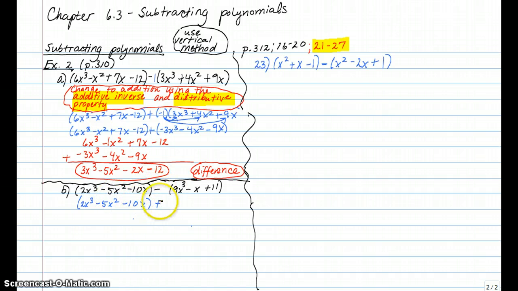You change subtraction to addition. There is a number here, it's 1. You change it to its opposite of negative 1. 9x cubed minus x plus 11. Now you're going to distribute the negative 1 to the 9x cubed, the negative x, and to the 11. The 2x cubed expression just comes down.